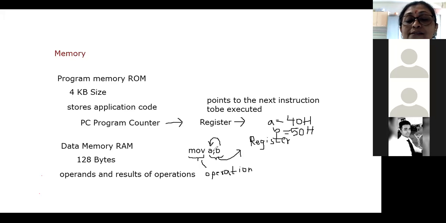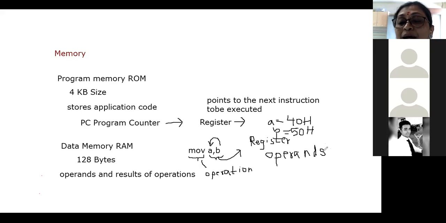on these two registers A and B. Therefore, these two registers A and B are called operands. What are they called? Operands. So what is the meaning of operand? Operands are the fields written in an instruction on which the operation is to be performed.